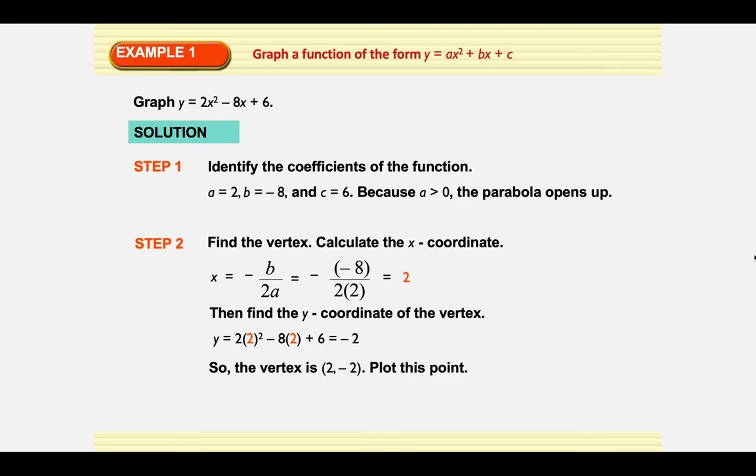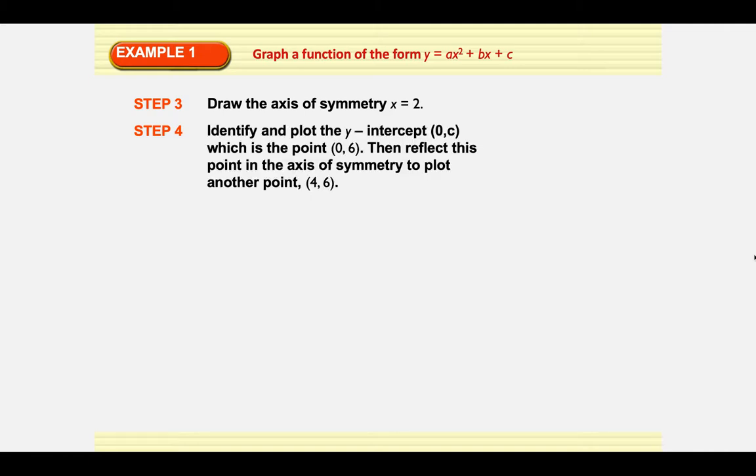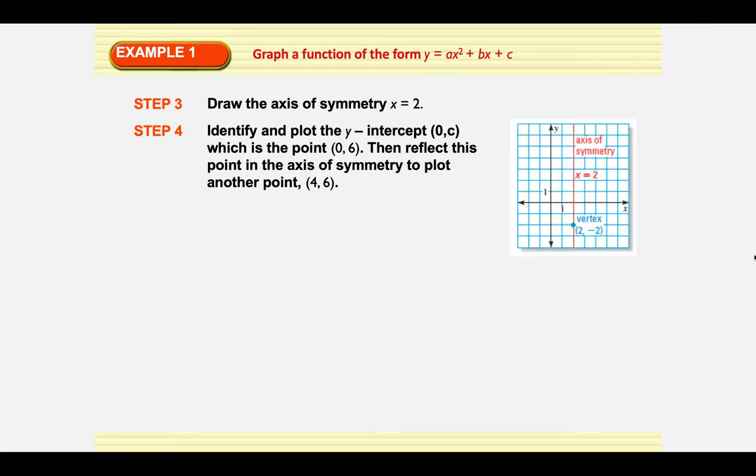All right, on your graph, you want to plot that point, and then draw the axis of symmetry, which is x equals 2, the vertical line through the vertex. The next step is to identify and plot the y-intercept (0, c), which is the point (0, 6). Then reflect this point across the axis of symmetry to plot another point, (4, 6).